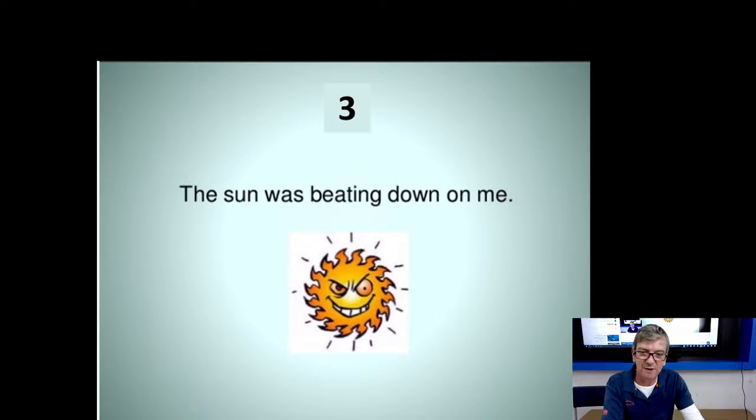Idiom is like a piece of cake, so you don't really understand what that is to start with. You have to know the meaning for an idiom. The sun was beating down. Any ideas about this one? If it's not idiom, what else could it be?